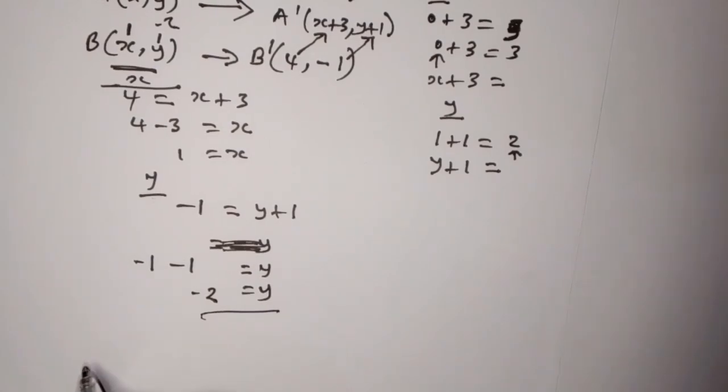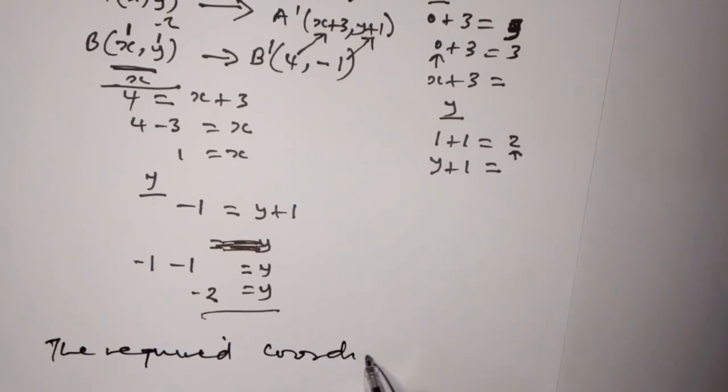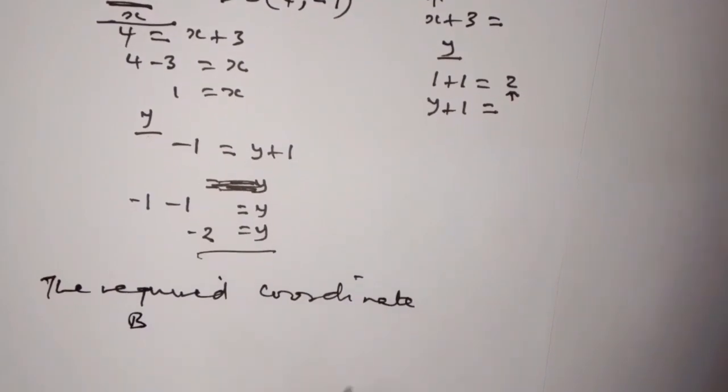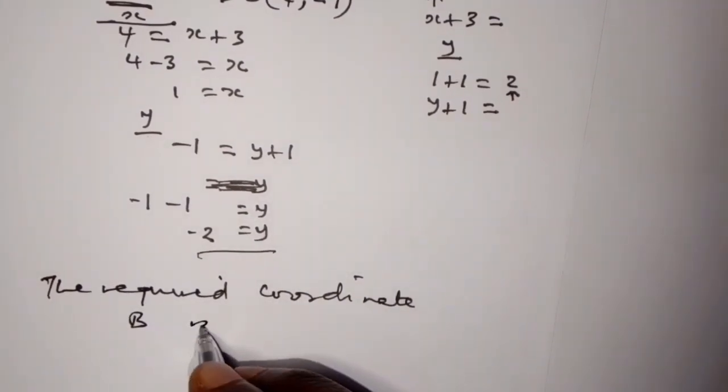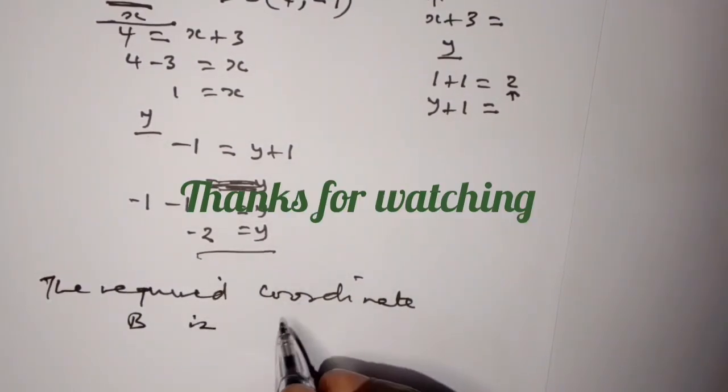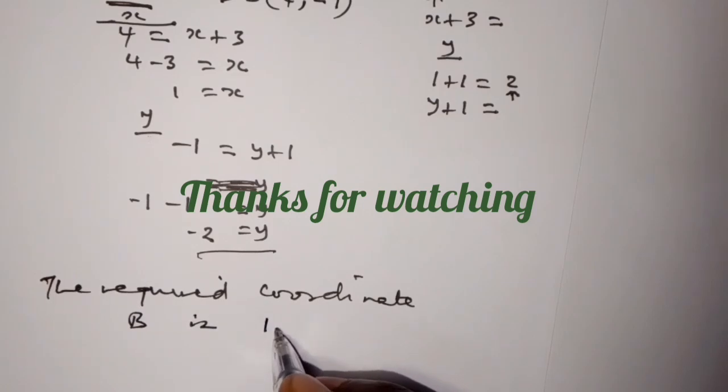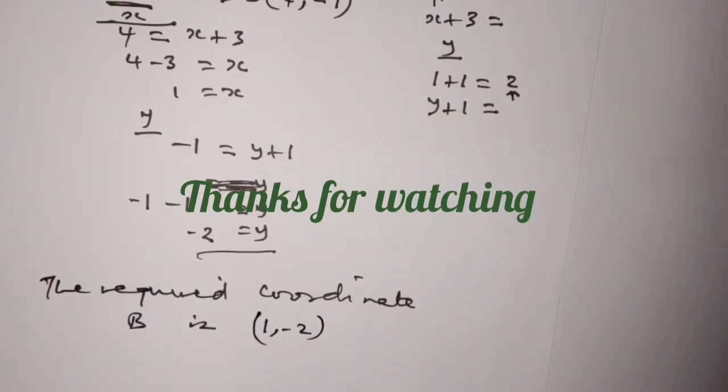So our required coordinate B is (1, negative 2).